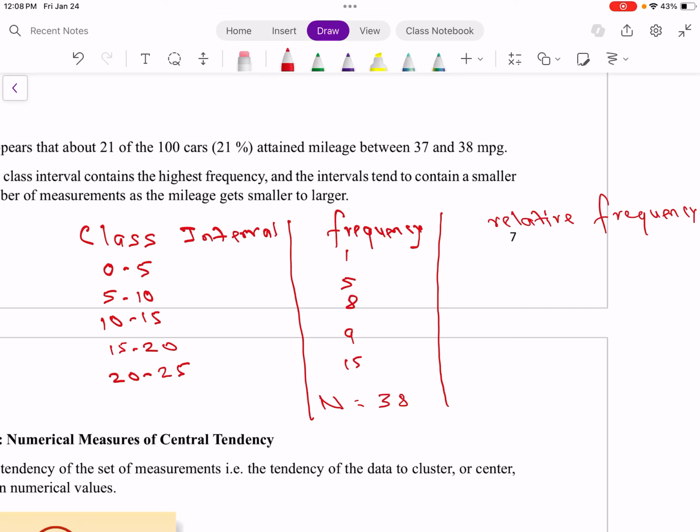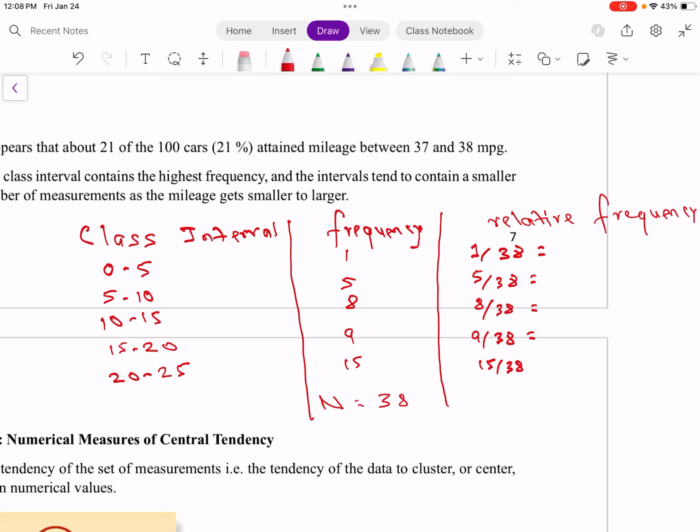Just correct me if I'm wrong. To find the relative frequency for 1, you divide 1 by 38. For 5, you divide 5 by 38. Then 8 divided by 38, 9 divided by 38, 15 divided by 38.